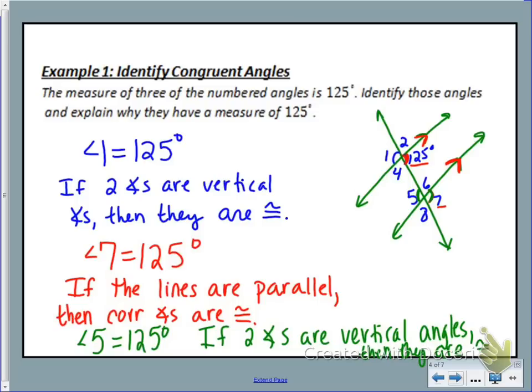Now, I also could have approached this in a different way. I could have said that since this original 125 degree angle and angle 5 are alternate interior angles, then I could have stated if parallel lines, then alternate interior angles are congruent.